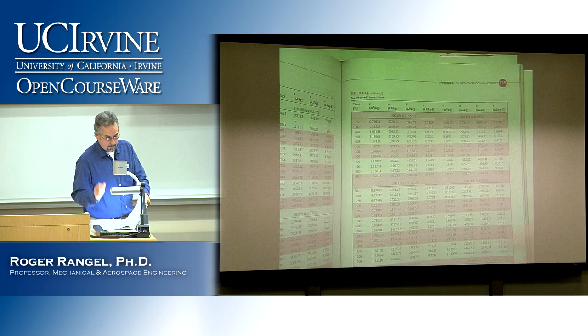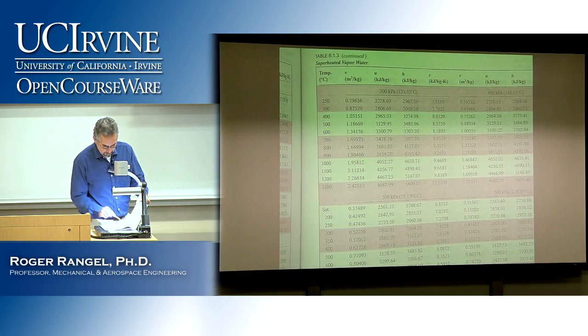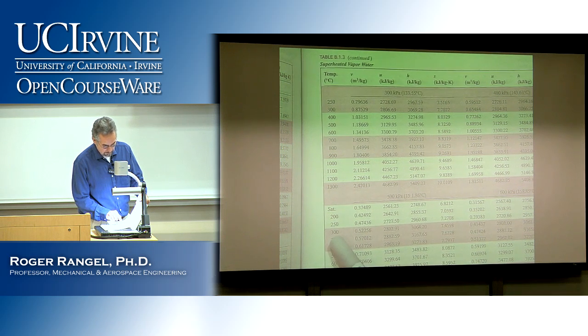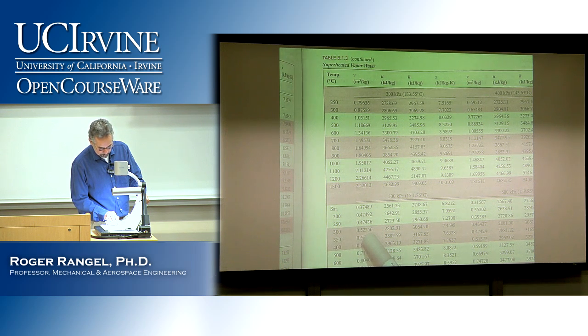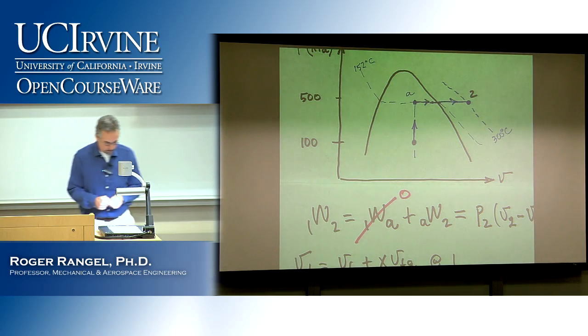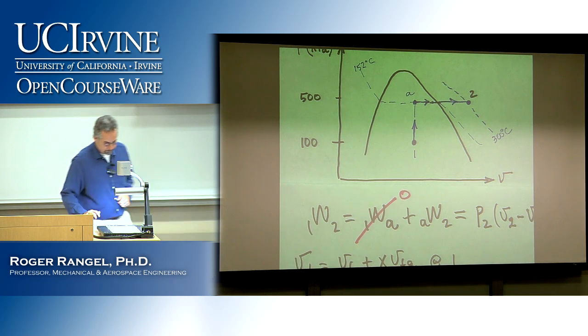B13 at 500. And then go down to 300 in temperature and grab that volume there, 0.52, round it up to 0.523. So V2 is 0.523 meters cubed per kilogram, right, at 2.